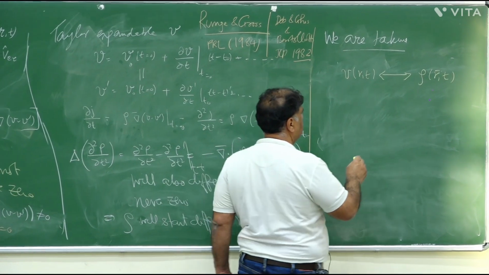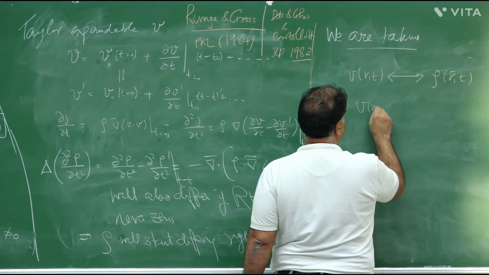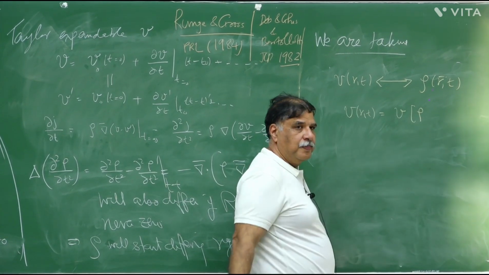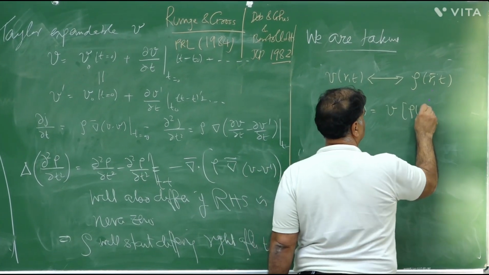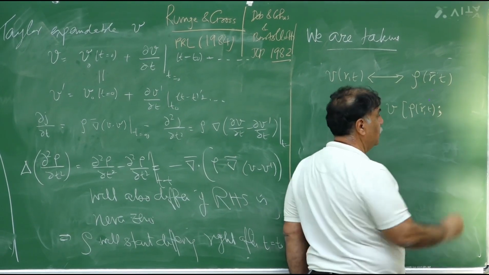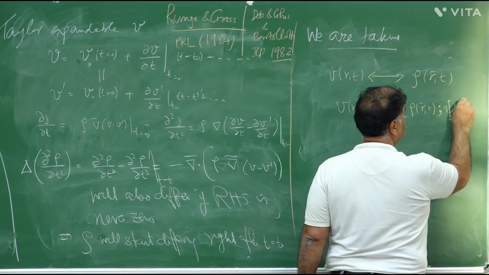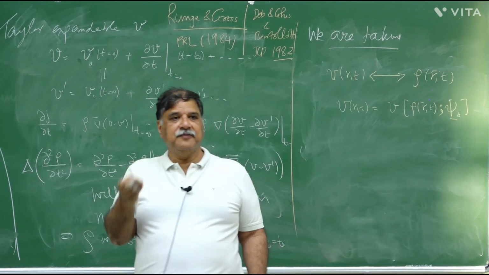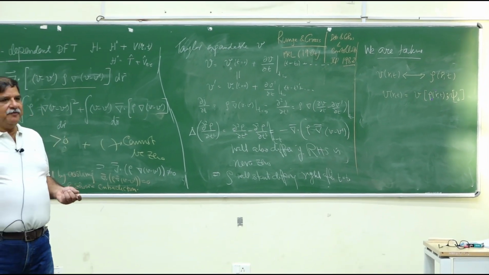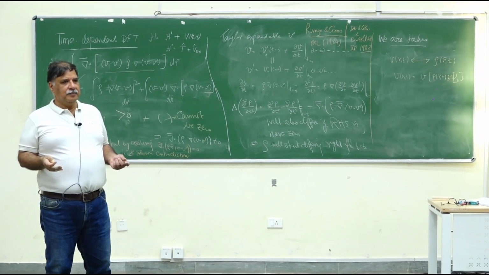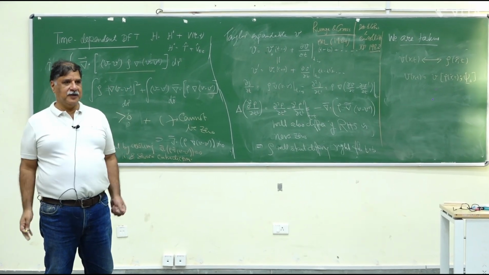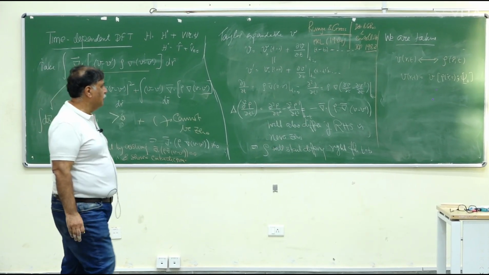And therefore, V(r,t) is a functional of rho(r,t), but what is not written explicitly but is understood, it is also a functional of psi 0. If you take a different psi 0 to start with, the mapping may be different. We are assuming everything is psi 0. If I start with a different psi 0, then the mapping will be different.